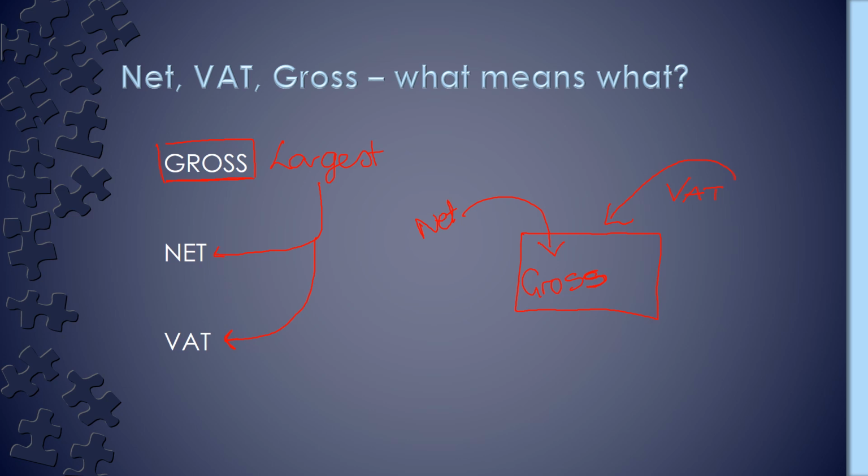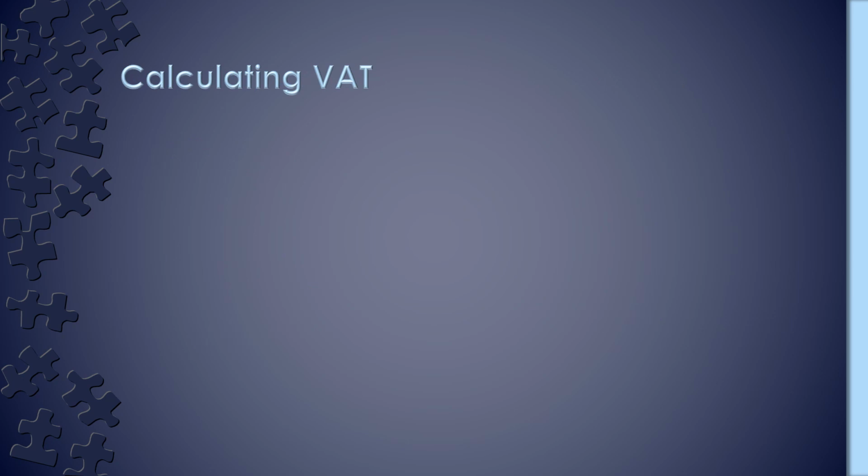So just think about what is the largest, and the most visual way of doing that is that the word gross is the largest out of the three. So that must mean it's your net and your VAT included. So, calculating VAT.